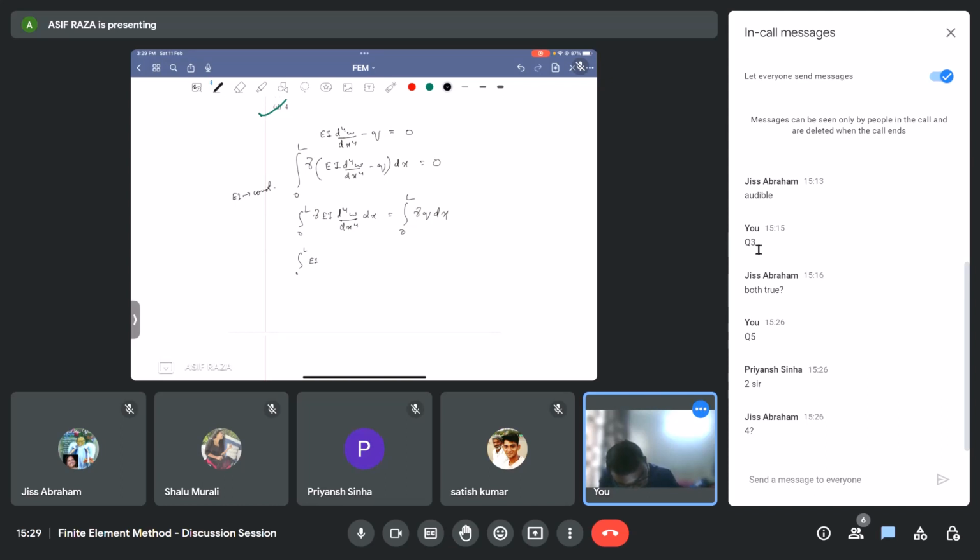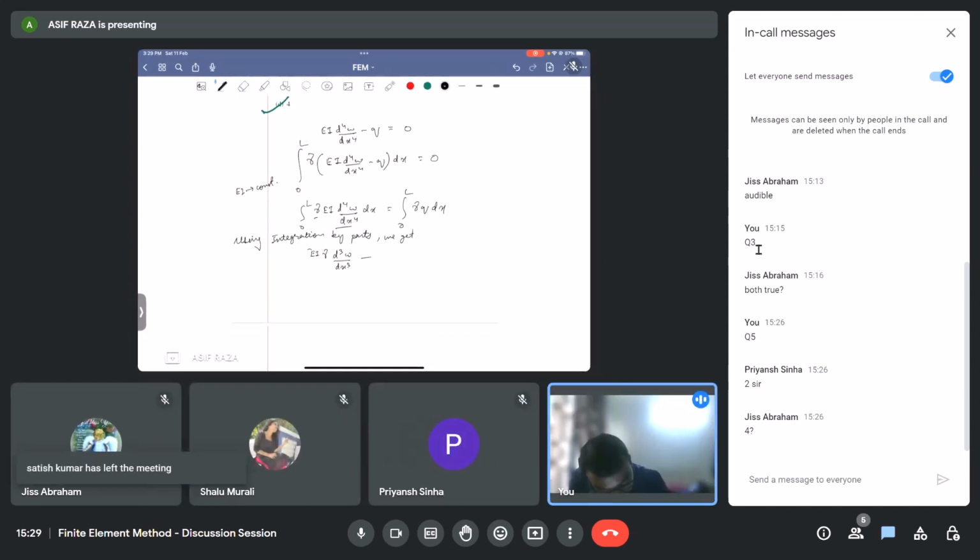So now applying integration by parts, we get EI gamma d cube w by dx cube, this will be my boundary condition at 0 to L, minus integral from 0 to L of d gamma by dx EI d4w by dx cube dx.